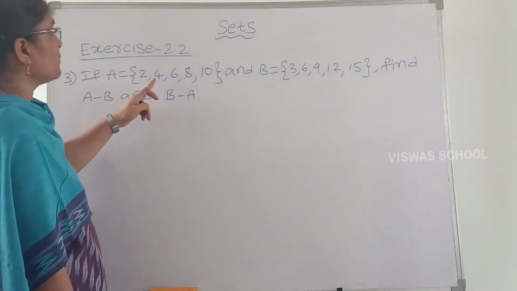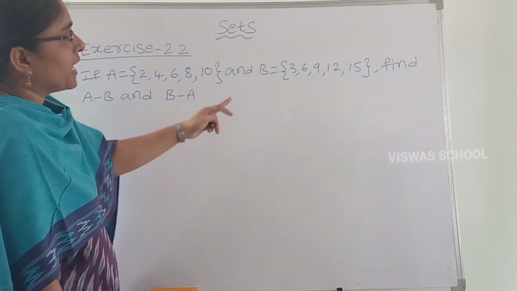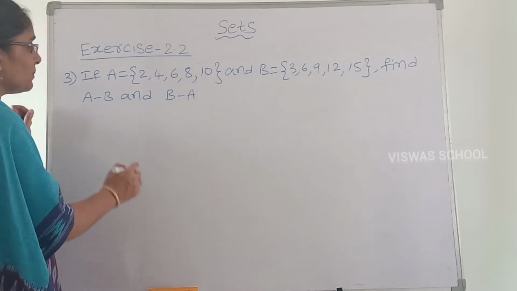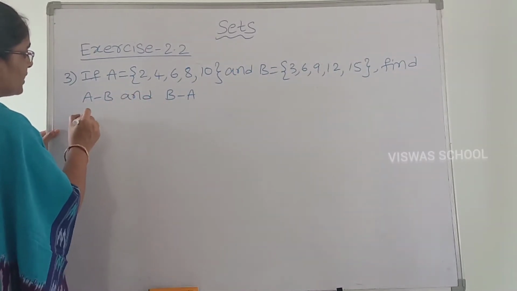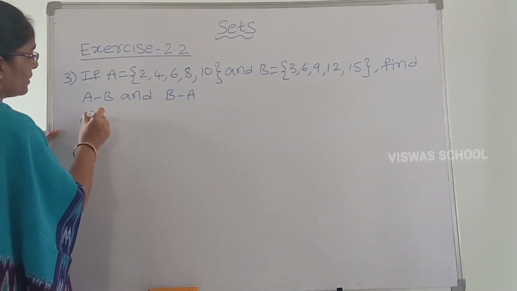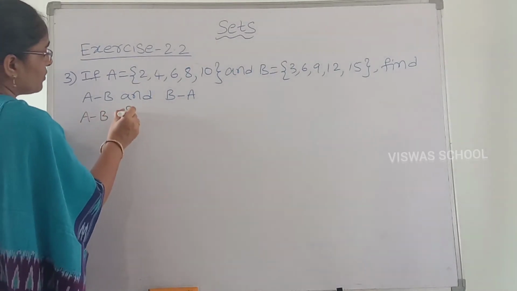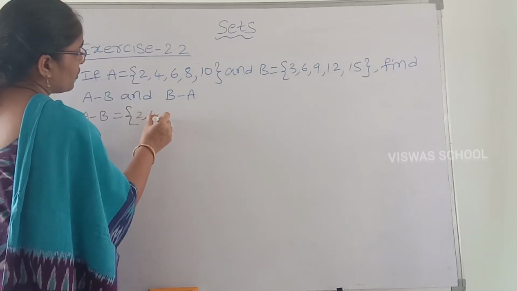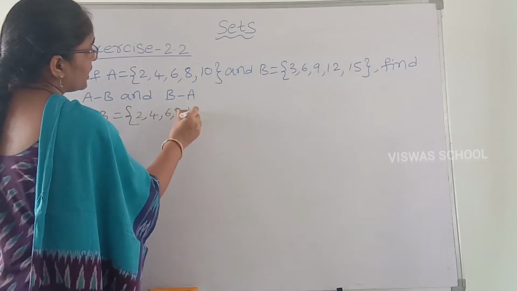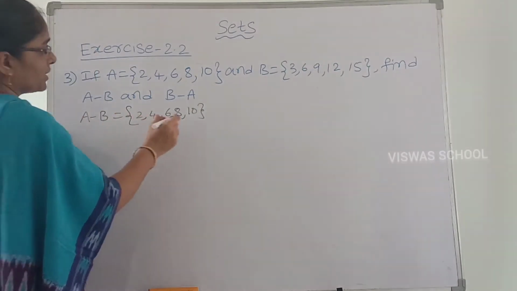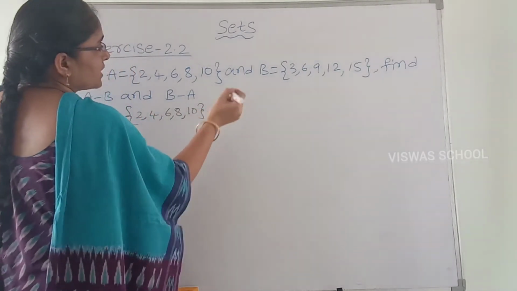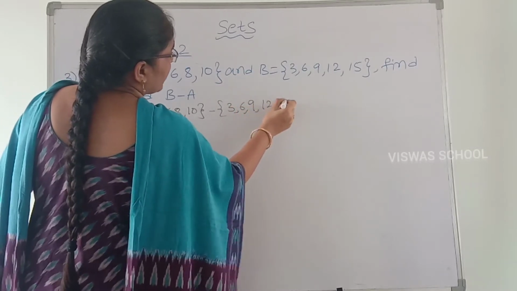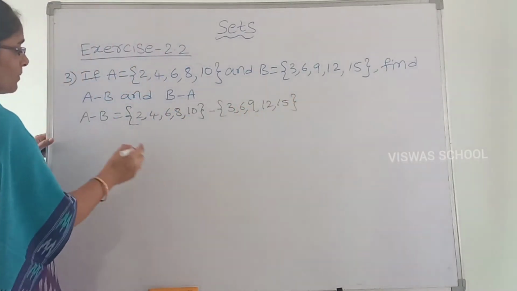Next one is if A equals 2, 4, 6, 8, 10 and B equals 3, 6, 9, 12, 15, find A minus B and B minus A. To find A minus B and B minus A here, first write set A elements, that is 2, 4, 6, 8 and 10 minus set B, which is 3, 6, 9, 12 and 15.